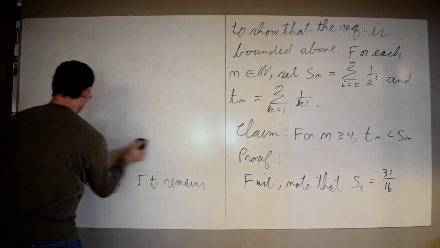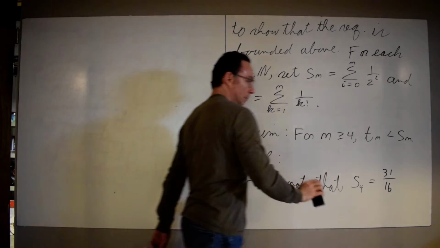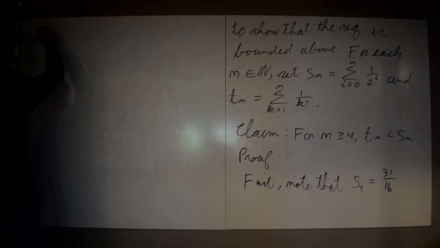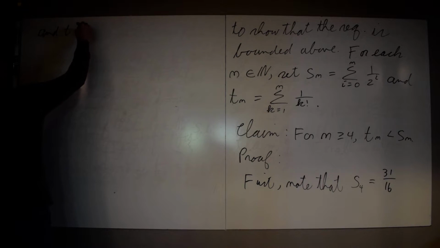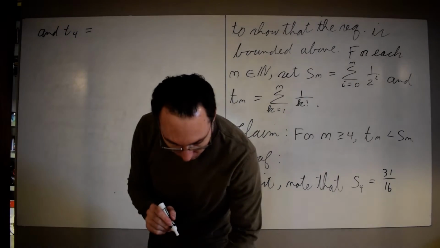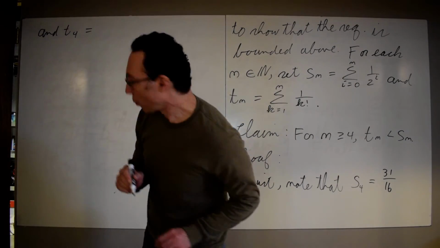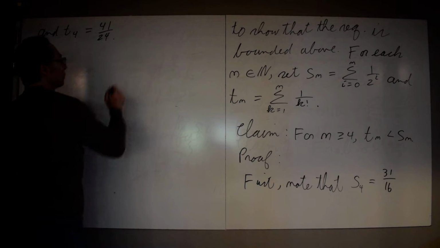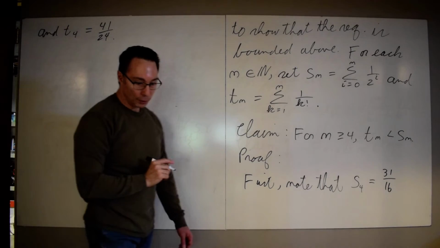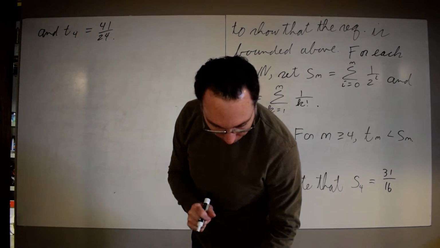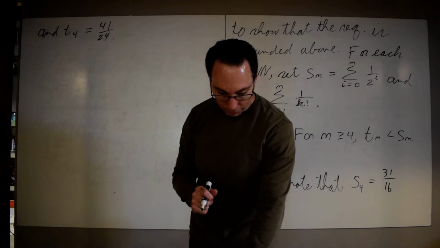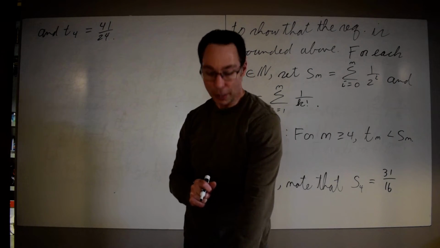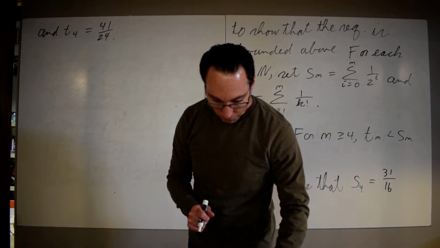T sub 4 is equal to 41 divided by 24, not as close to 2. And you can calculate those as decimals if you want to. S sub 4 is 1.9375, and T sub 4 is 1.708, repeating 3's, if you're interested in what those are as decimals.